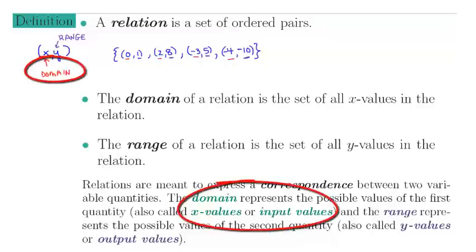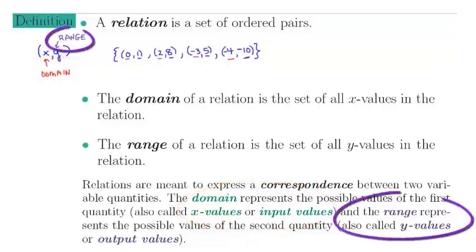The domain, which represents the possible values of the first quantity, also called the x values or input values, and the range, which represents the possible values of the second quantity, also called the y values or the output values. So basically, you can think of a relation as a correspondence between your inputs, your domain, and your outputs, your range.